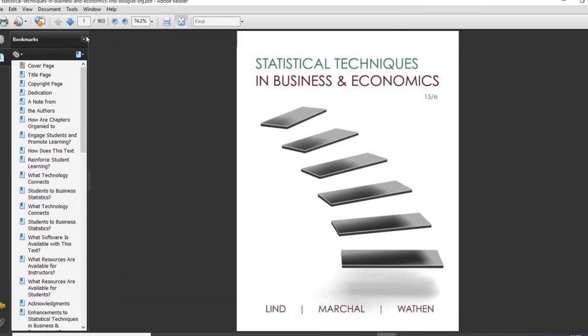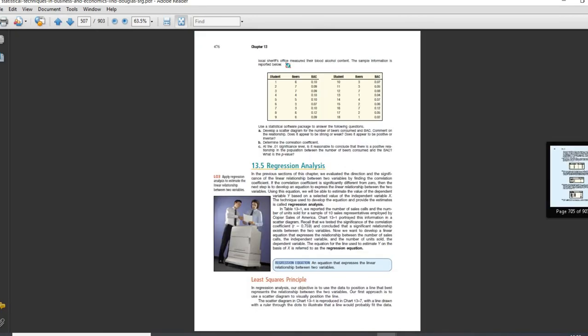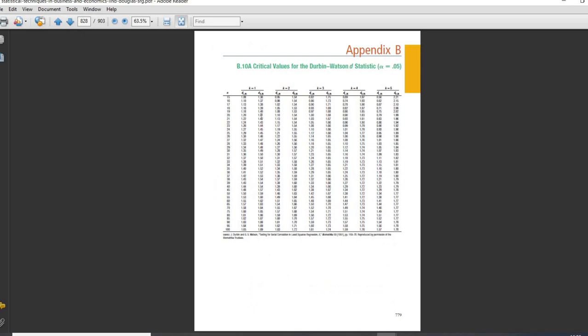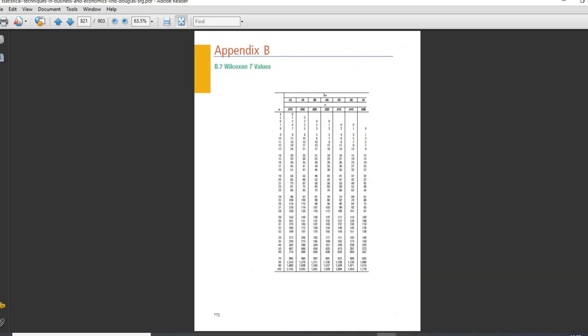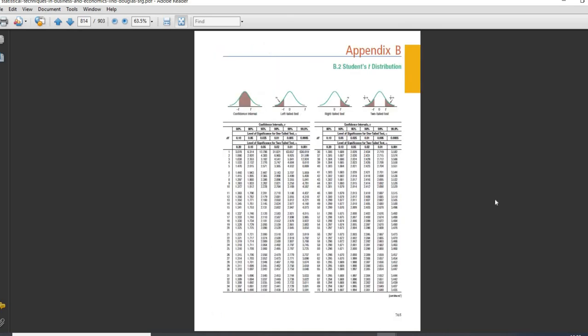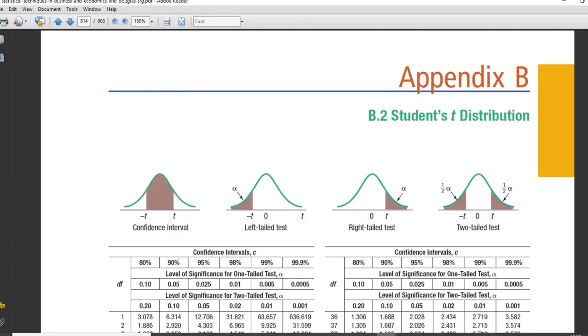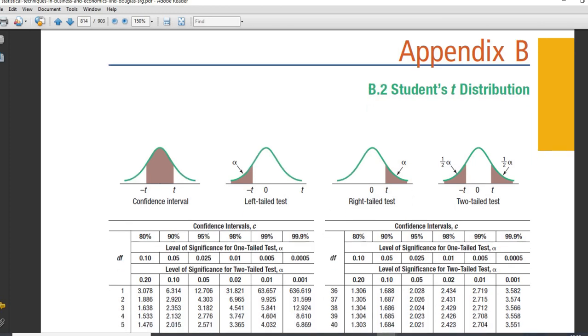In the table of student, we just scroll down there. Here we are. We'll just increase the font so that everybody can see. Here we are. So this is the table.